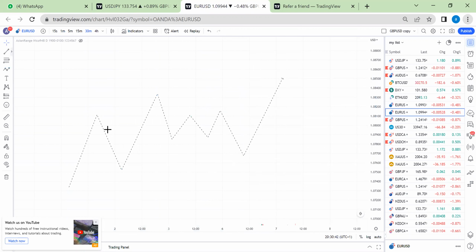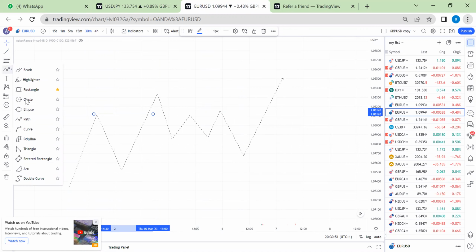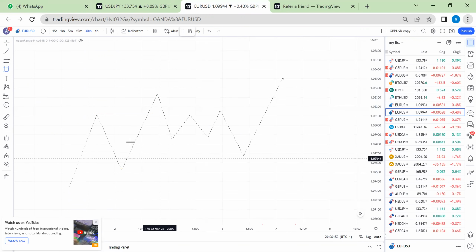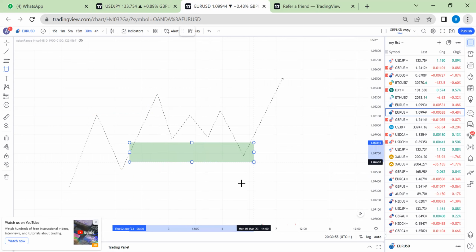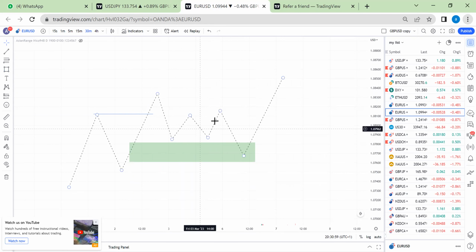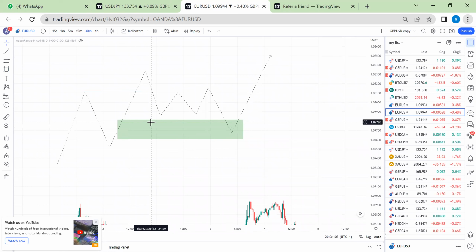Before you consider any POI, you want to see a break of structure, then you want to see a form of liquidity below it. That's for buy. Okay, so you want to see liquidity so that price can sweep that liquidity and come to your zone and push up. Okay, so that's for buy. So this liquidity can be in any form.